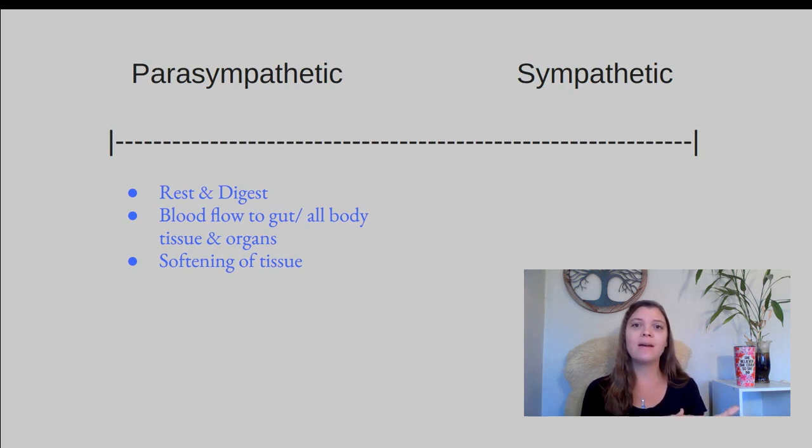It depends on fluid to bring the nutrients that it needs and to get rid of wastes that it has through that fluid system. And so in the parasympathetic nervous system, that tissue softens, it kind of plumps up and allows tissue to receive what it needs.